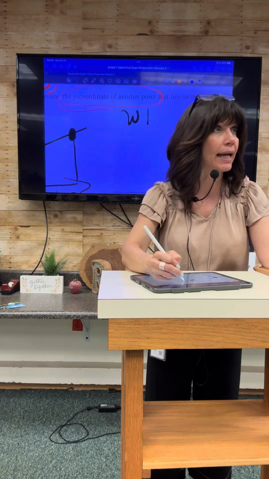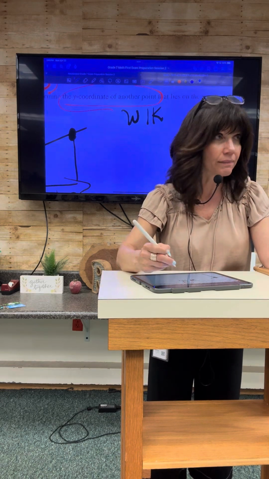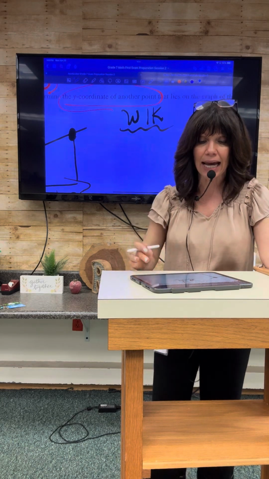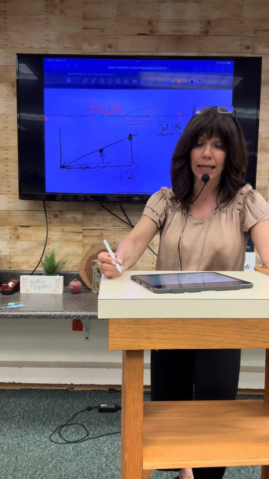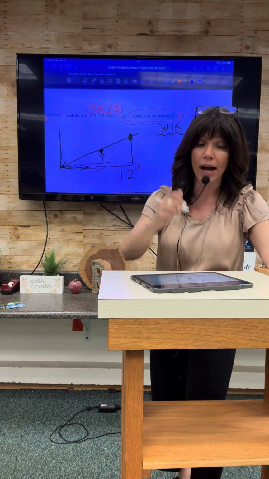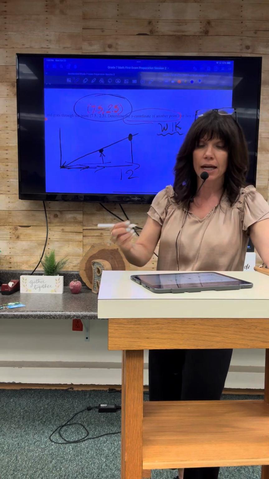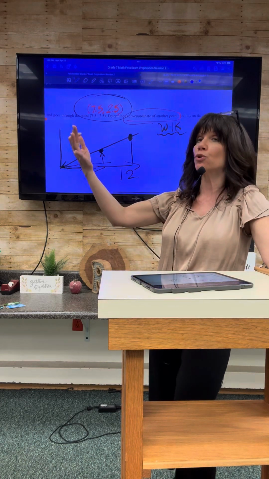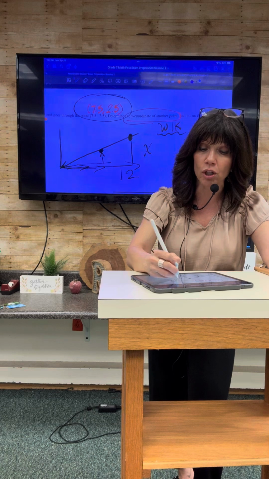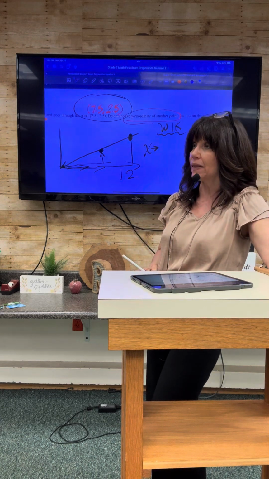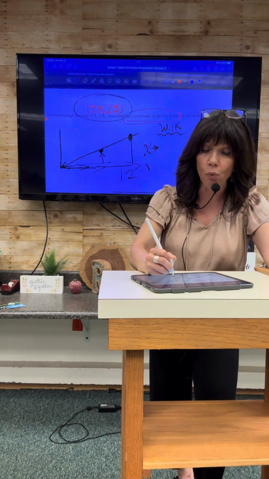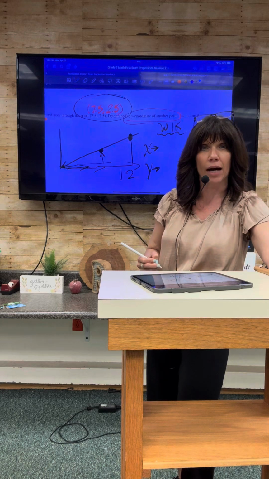So the first step is you are creating a ratio out of this x and this y value. I don't care which order you put it. Just know that all of your x values are going to be in the top. Know that all of your y values are going to be in the bottom.